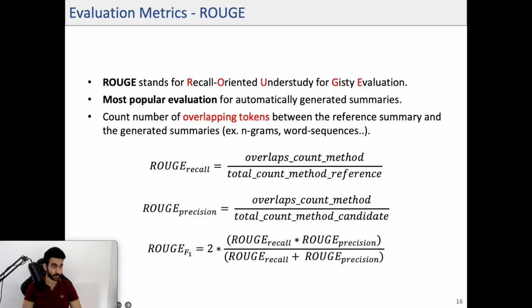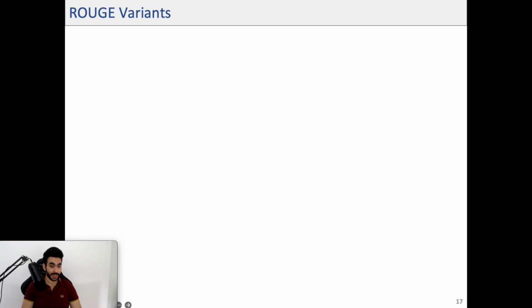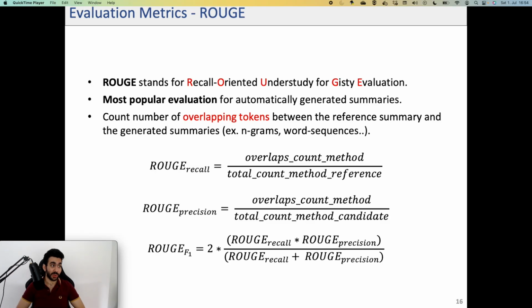Then going to the ROUGE score. ROUGE stands for Recall Oriented Understudy for Gisting Evaluation. It's still an understudy. It is the most popular evaluation metric for automatically generated summaries. So if you probably passed by a summarization-based paper, or a paper that actually evaluates a summarization method, then most probably you will find ROUGE reported there.